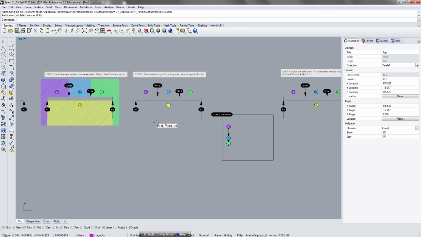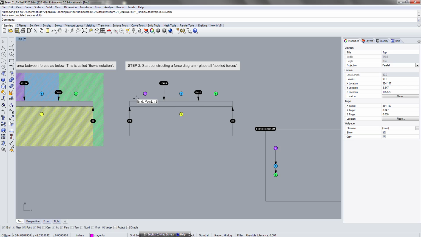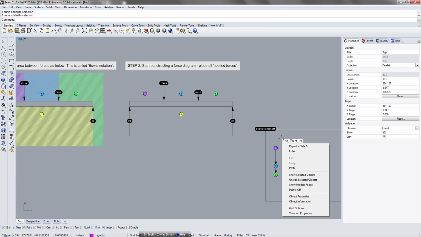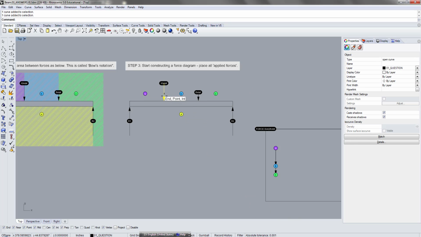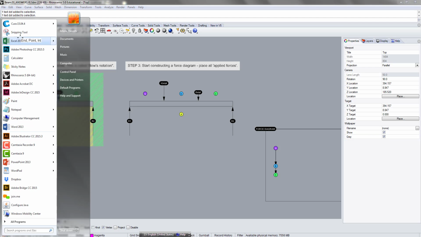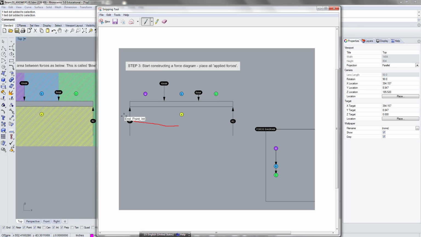This is how I'm starting the force diagram. Typically you start from left to right, so first I copied this one to here. The second one is this one, but also the way to make a connection between this diagram and that diagram is that this one is between A and B. And we always follow the clockwise order to name these forces.